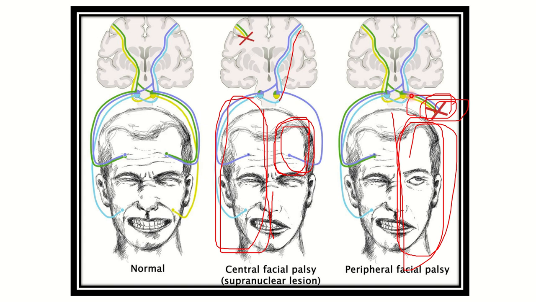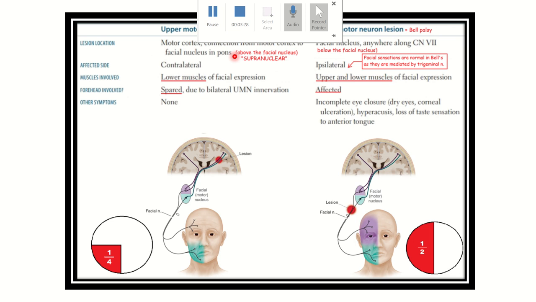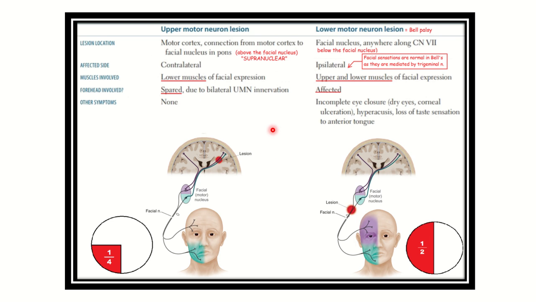Here is another nucleus, so beyond the nucleus, if any lesion occurs, then the supply to the whole face is hampered. There is a differentiation between the upper motor neuron lesion and lower motor neuron lesion in case of the face.